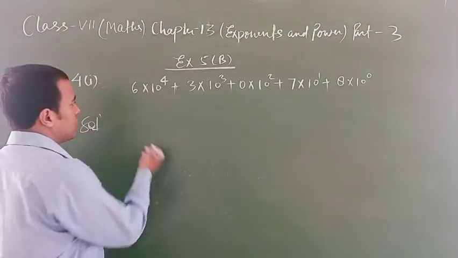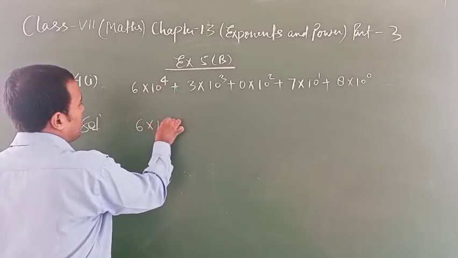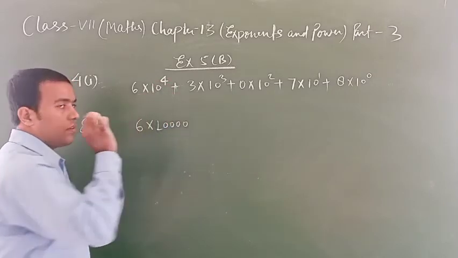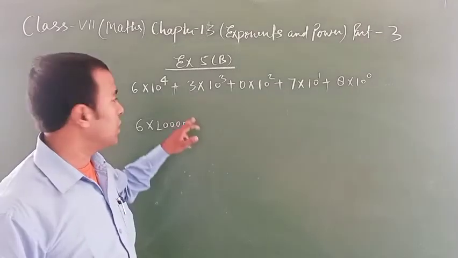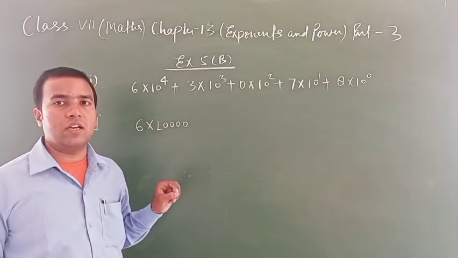So write the numeral. 6 into 10 to the power 4 means 60,000. What you see is how much power is given there, after 1 that many 0s you will write.